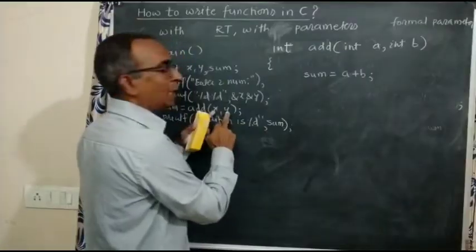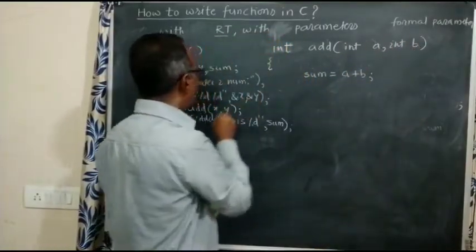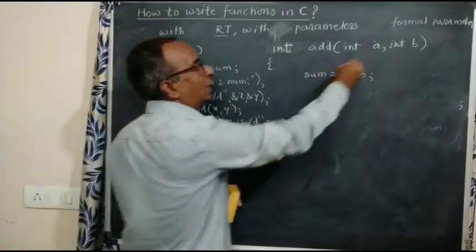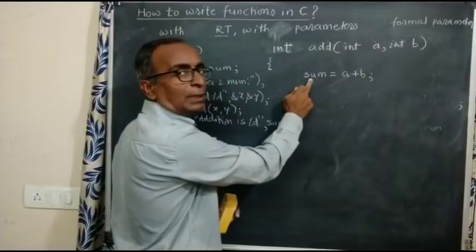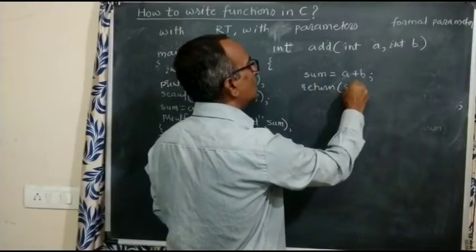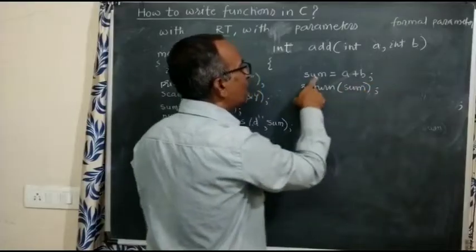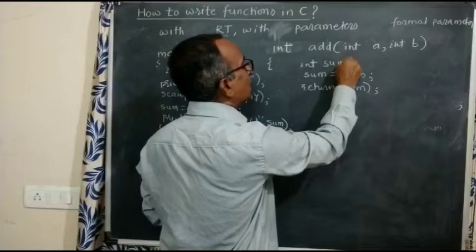Whatever you are sending, actual parameters will get copied into formal parameters. So if you are reading 10, 20, then 10, 20 will be in a and b, 10, 20 will be added, 30 you are getting, and you can write return sum. As you are using this sum here, you have to declare that sum.